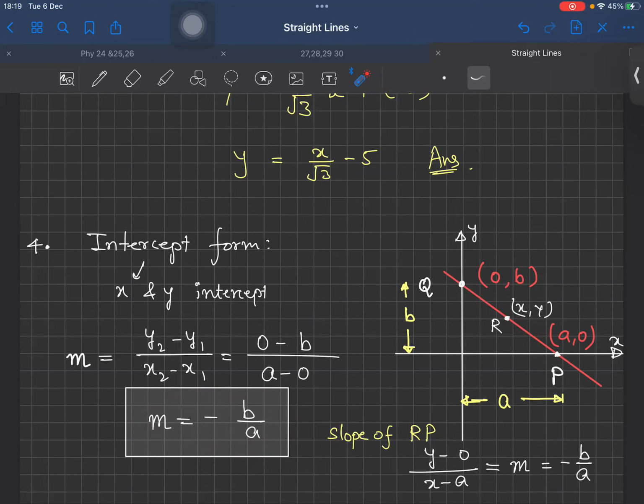Sir, how does y minus 0 by x minus a become minus b by a? Just tell me. Okay, I'll go to the next page. I'll just copy all this so that we can understand on the next page. Okay, just give me a moment.